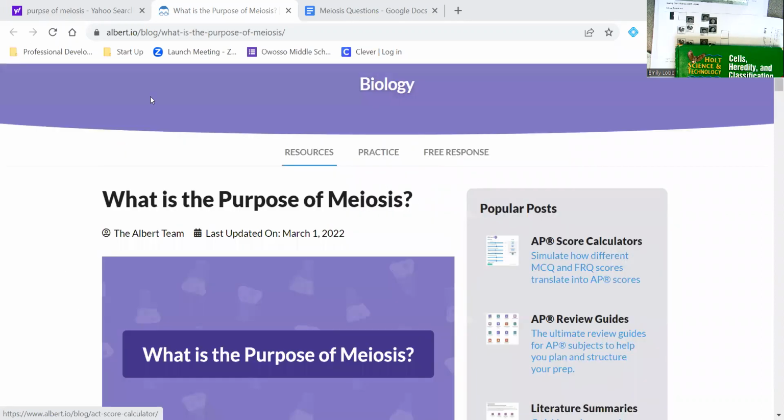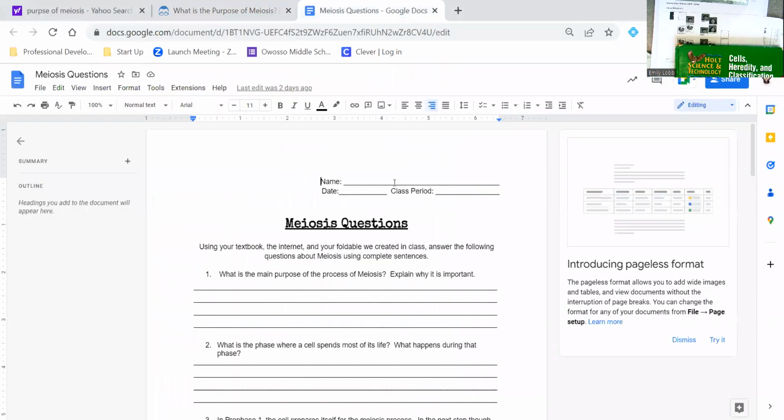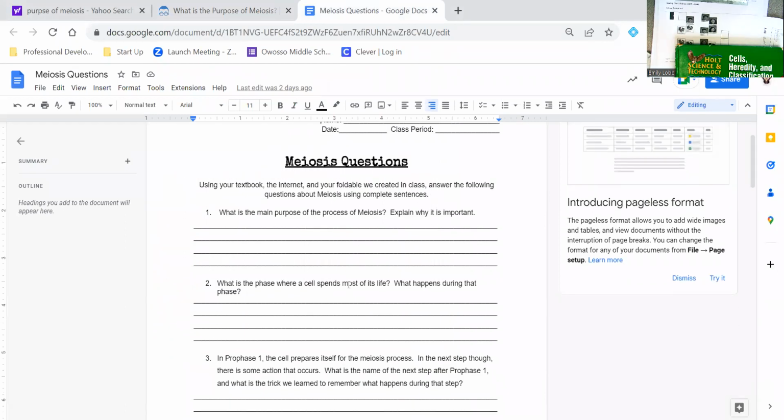Let's look at the question. I hate that the thing is in my way. That's what I'm saying. Here we go. What is the main purpose of the process of meiosis? So first of all, it needs to be a complete sentence. So I would start here.